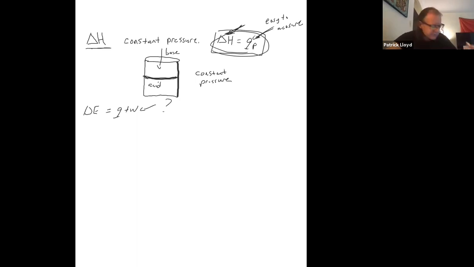Generally, I'm going to introduce something called a thermochemical equation. And it's like a chemical equation. In fact, it says chemical equation. It's just that it's thermochemical, so there's an additional aspect to this equation. Here's an example. A thermochemical equation is balanced.